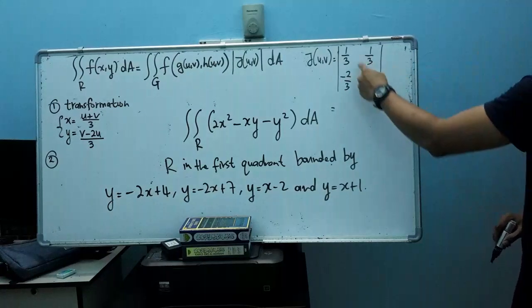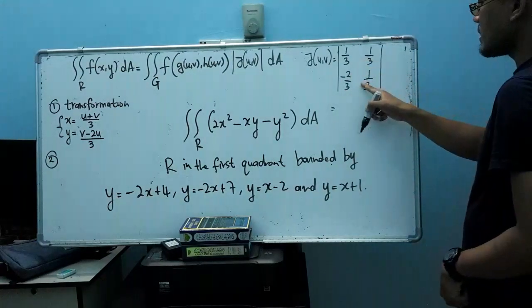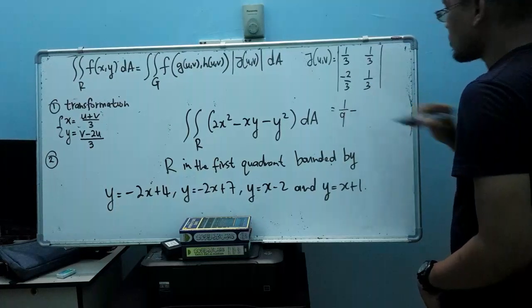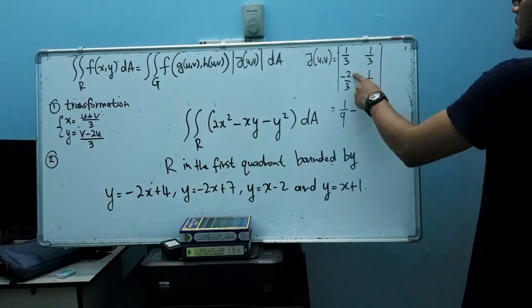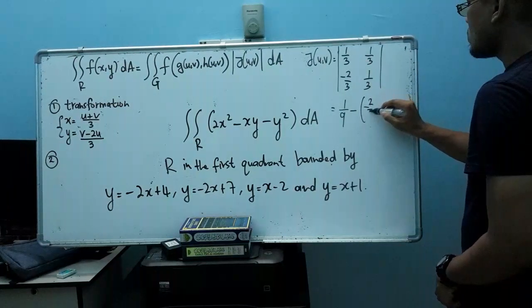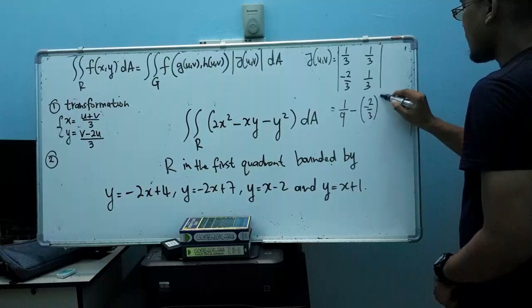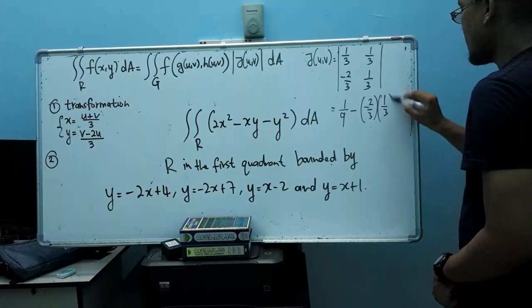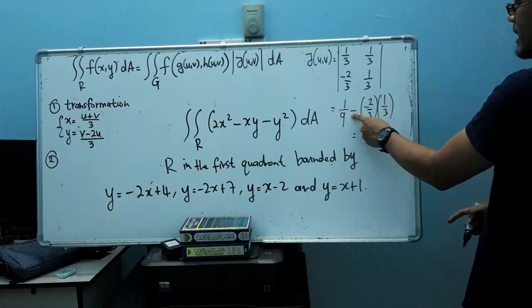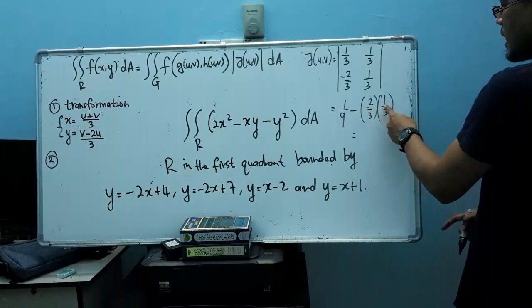So this gives me 1 over 3 times 1 over 3, which is 1 over 9. And then I need to take minus this multiplication, so I will have minus negative 2 over 3 times 1 over 3, which is 2 over 9.